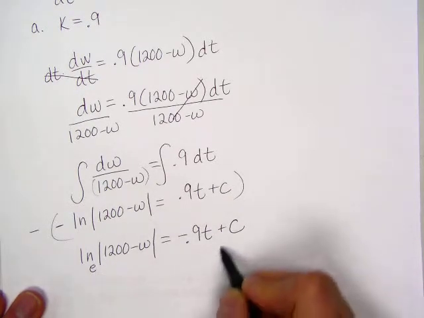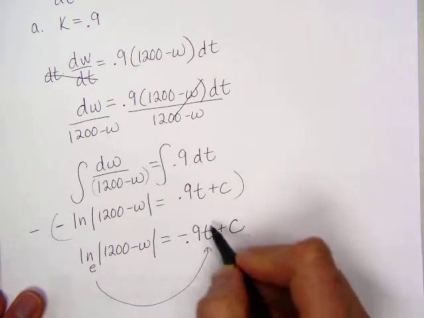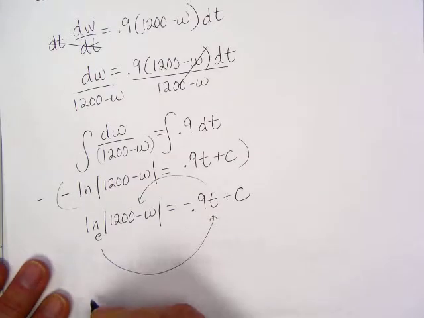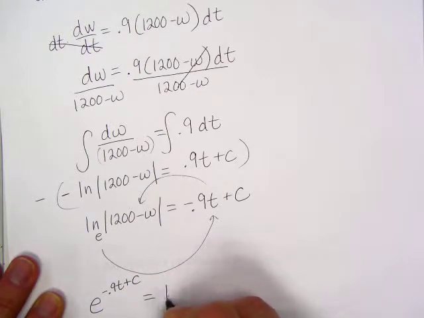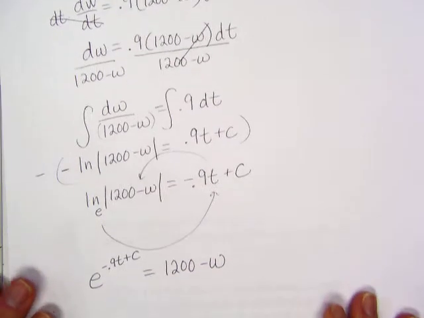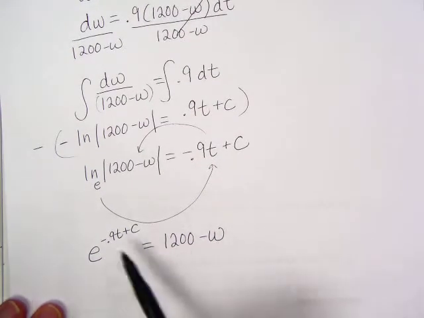Then e to this power equals this, or e to the -0.9 t plus c equals 1200 minus w. The absolute value signs can come off because e to a power isn't negative.